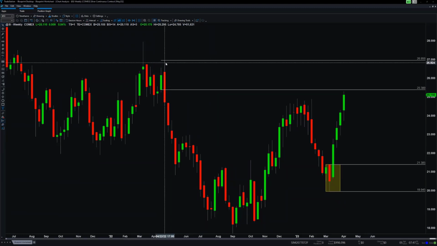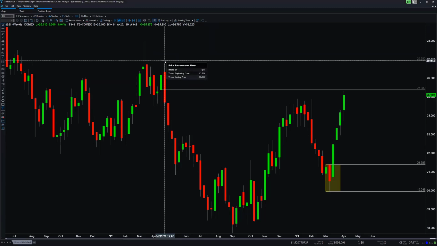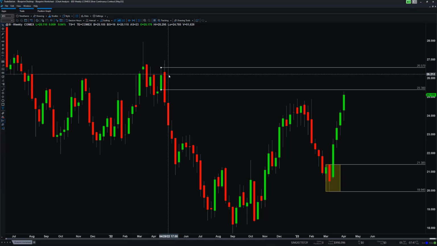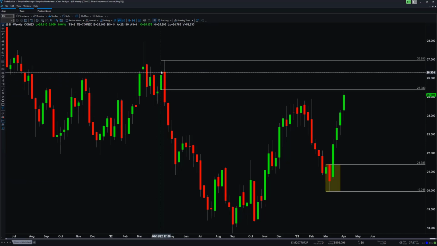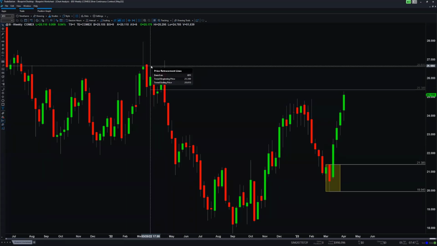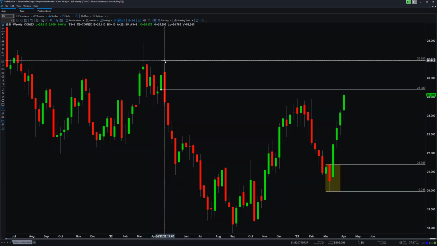And then I just have to put my distal here, in this case, as part of the leg out. But if the leg out was smaller, then I would also use this candle here as a part of the leg out. I use that as a reference, and then I use whatever would be the highest wick here. In this case, it's just here.